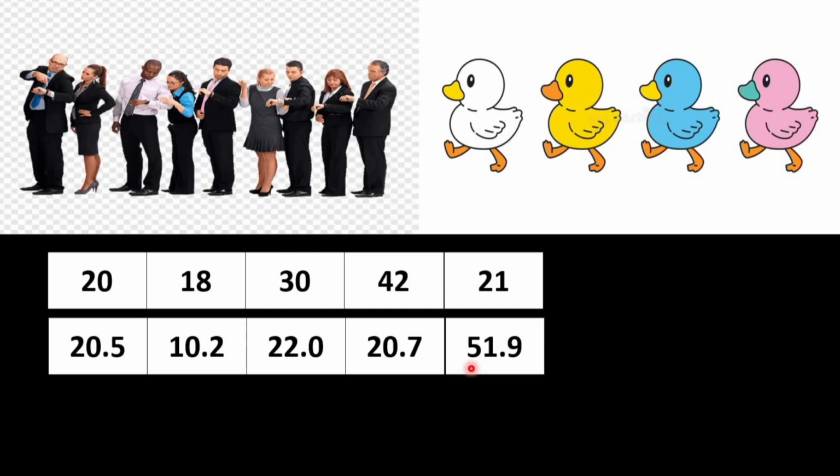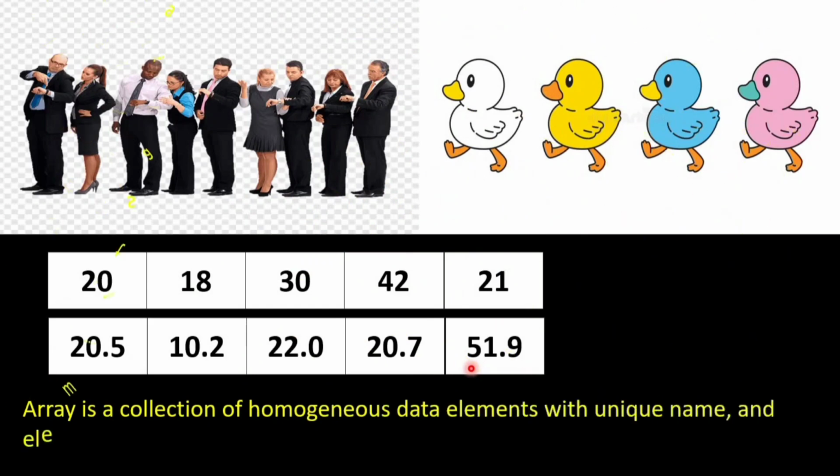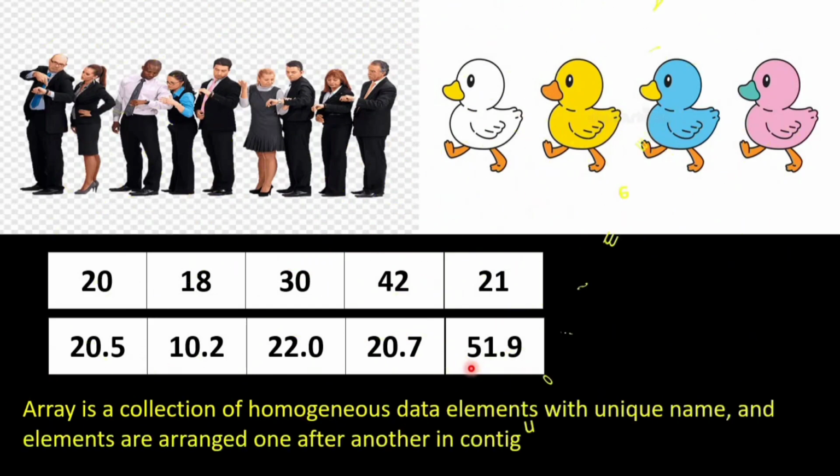So how do we define an array? An array is a collection of homogeneous data elements with a unique name, and the elements are arranged one after another in contiguous memory locations. Homogeneous data elements means that the elements are of the same type.